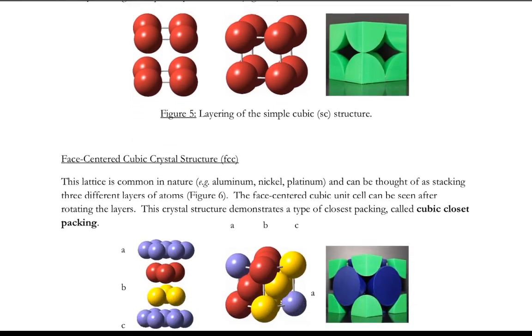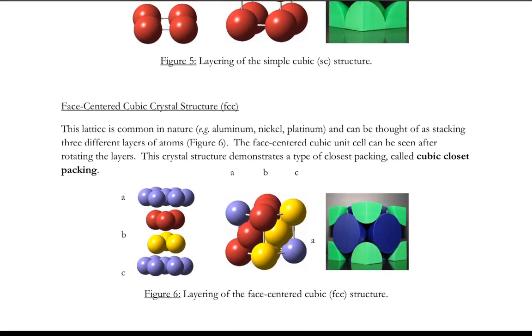Face-centered cubic, so we see that shown as the layers purple, yellow, red, and then we have purple, yellow, red repeating over and over. If we flip that on its side, we end up getting the face-centered cubic unit cell, which is shown in the green and blue. Of course, all the atoms that those balls represent are the same, so picture them to be all the same color. They're just shown as different colors so you can distinguish the face balls from the corner balls.